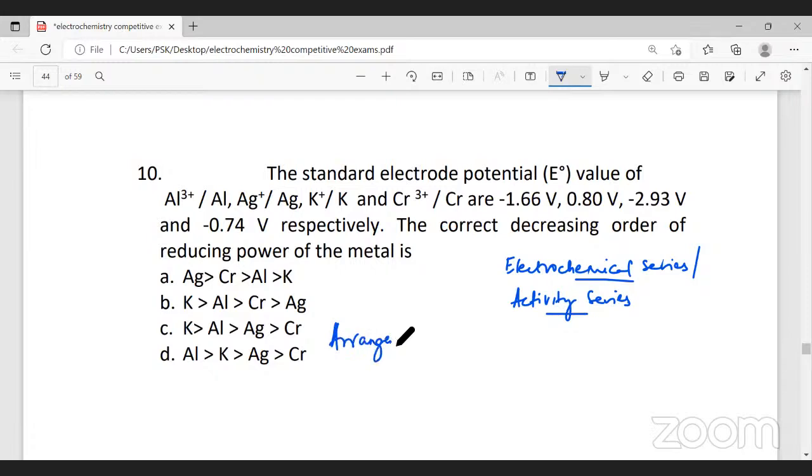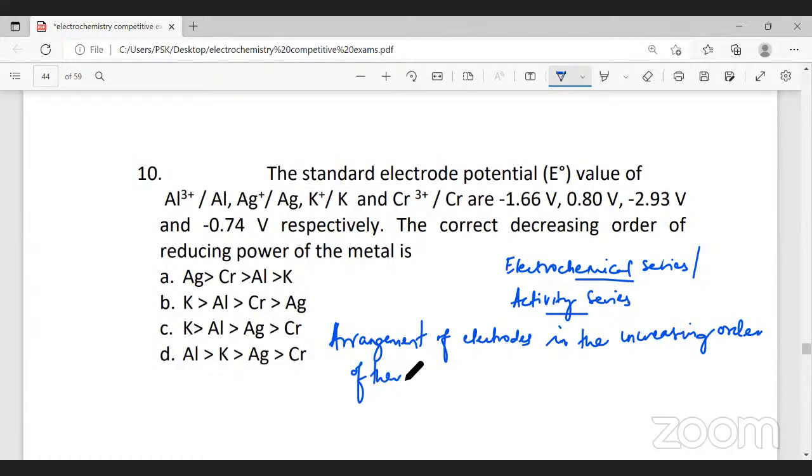Arrangement of electrodes in the increasing order of their standard reduction potential. The standard reduction potential is abbreviated as SRP. Arrangement of electrodes in the increasing order of their standard reduction potential is called the electrochemical series.